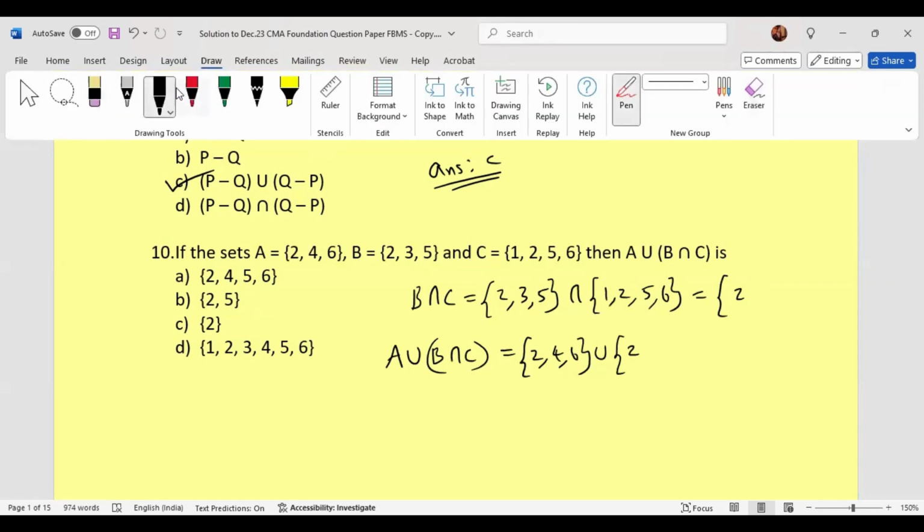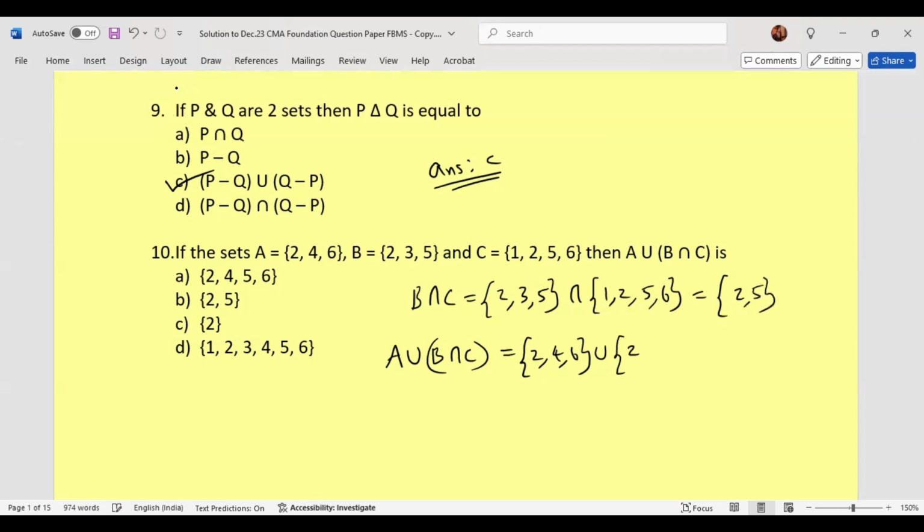Sorry, 2 and 5. So B intersection C is 2, 5. Now the union will be the elements which belong to either A or B intersection C, which is 2, 4, 5, and 6. That means the option is A.